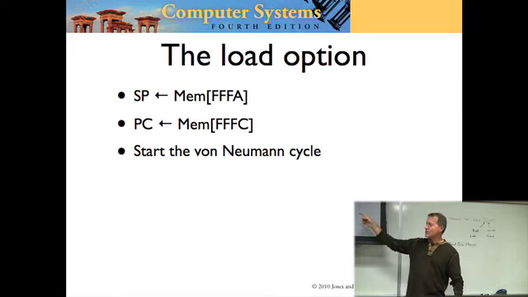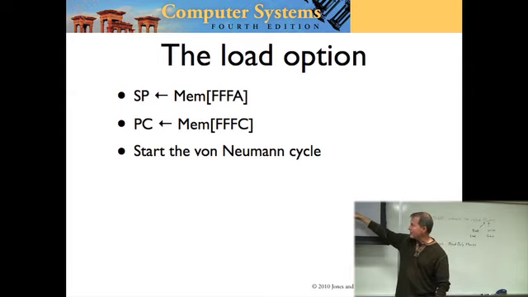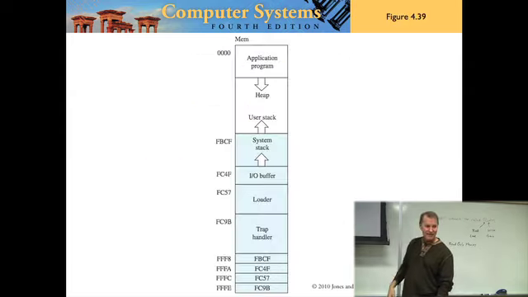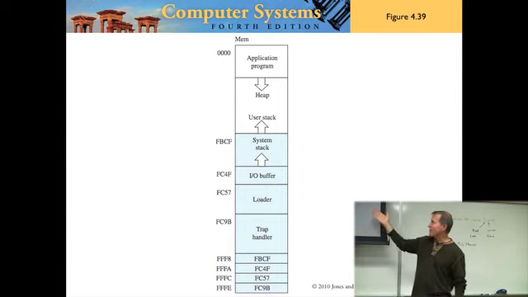We start the von Neumann cycle. So what does the von Neumann cycle do? Fetch. Where does it fetch? It fetches from the address of the program counter. But what does the program counter have in it at this point? The top of the loader? Yeah. So that means it's going to start executing instructions from the loader. Okay. Are you with me? Is everybody clear? So that's how the load option works, right?